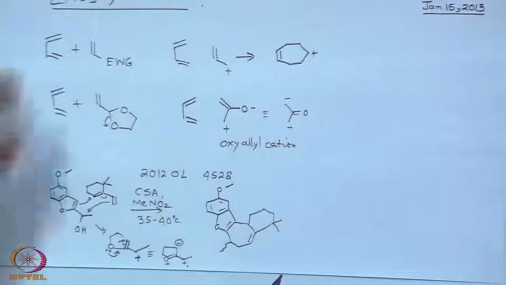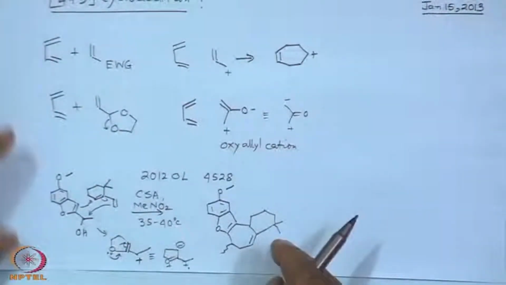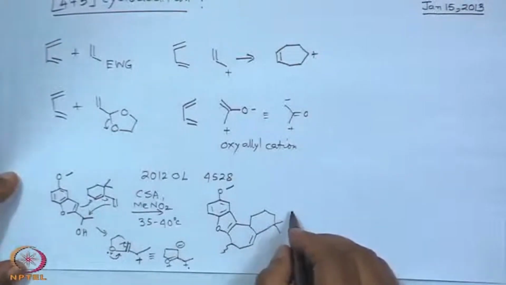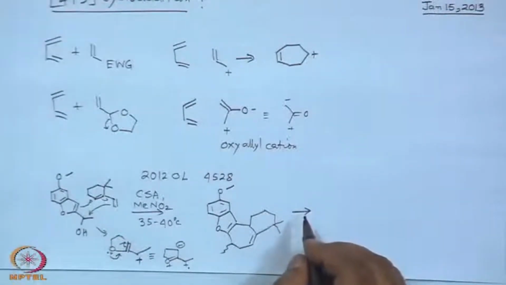Why is it important? Probably many of you know this reaction is a very important reaction. There are 2 reasons. One of the major reasons is that there are very few reactions in which you can make 7-membered ring systems. Do you know any standard protocol? There is no standard protocol. One of the ways to make a 7-membered ring system is the Dieckmann condensation reaction, but all of us also know this is not kinetically favorable, thermodynamically also not favorable, because they are unstable reactions.